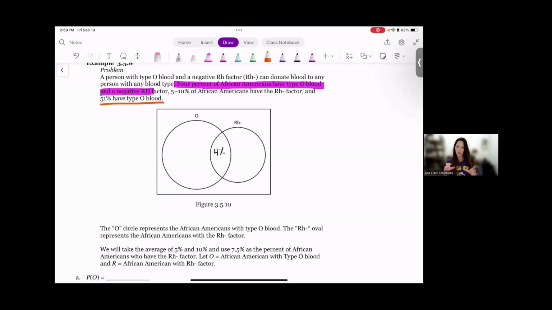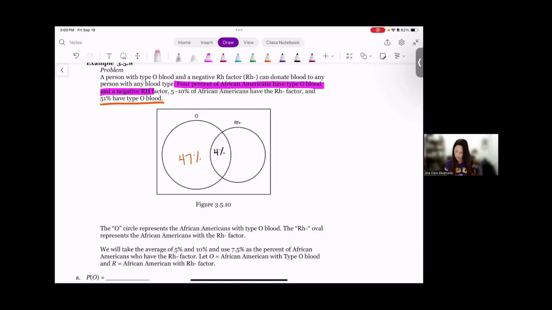That's not type O without the negative factor, that's type O in general. And so if 51% make up the total, we already have 4% accounted for. So 51 minus 4% should give me 47%. Because this entire circle O, if you added, should be 51 total. So 47 and 4 is 51.